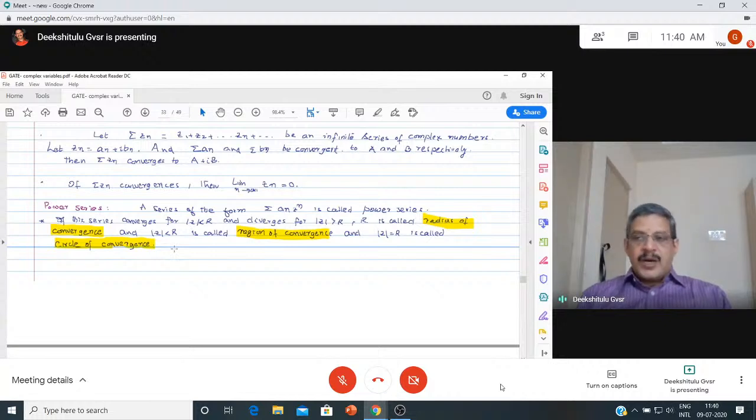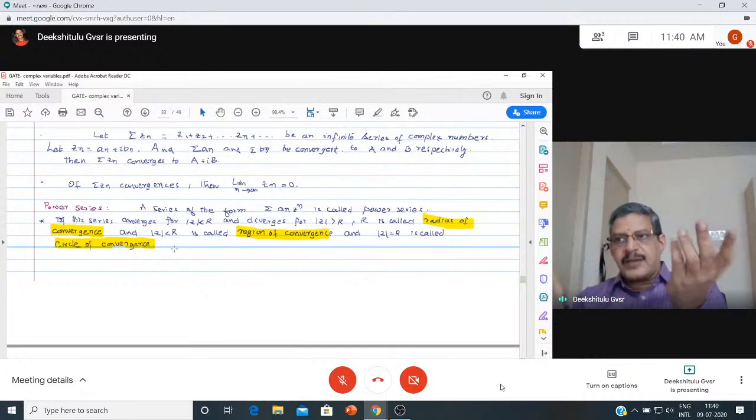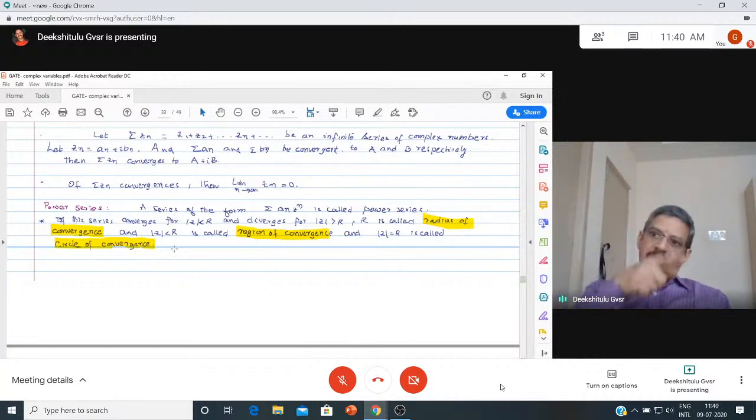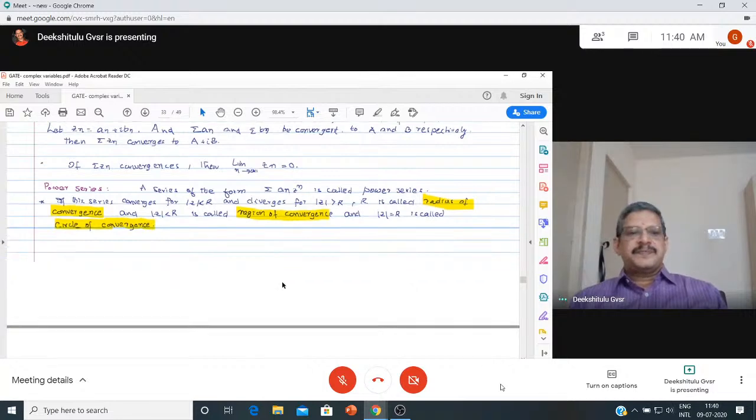Mod z less than r means all the points lying inside the circle, so it's a region. If it is lying outside that circle, it is a region of divergence, which is not important for us. And the curve mod z is equal to r is called the circle of convergence.